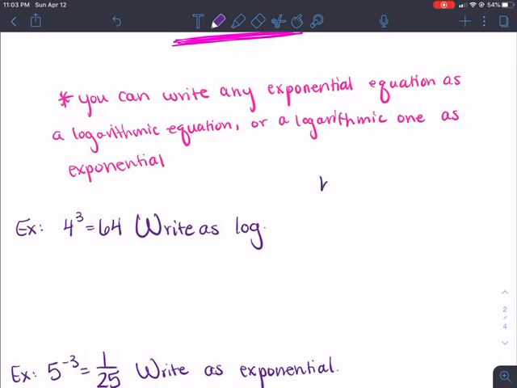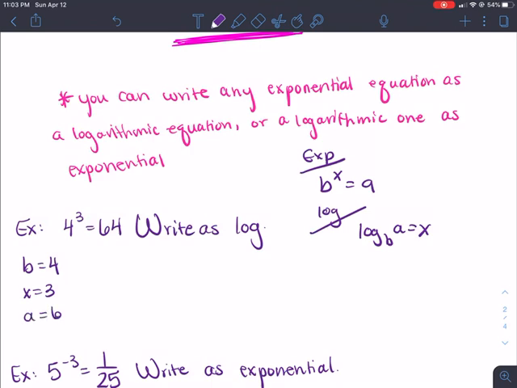Now remember, b to the x power equals a is our exponential, and our logarithmic one is log base b of a equals x, okay? I'm just going to label this for you. So my b is 4, my x is 3, and my a is 64.